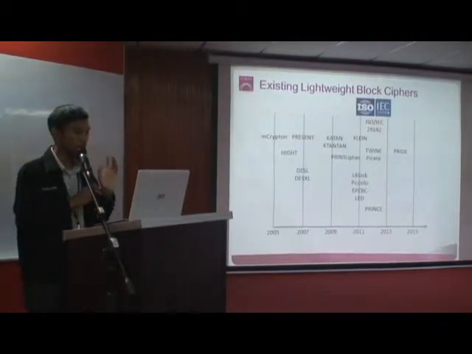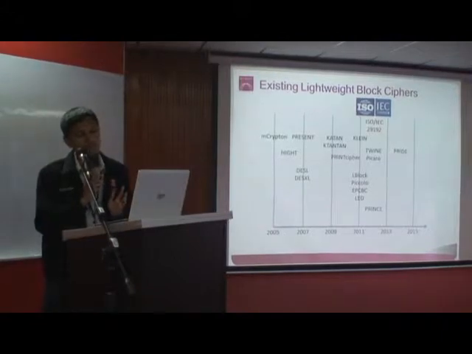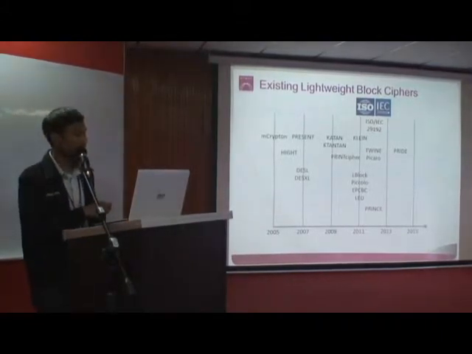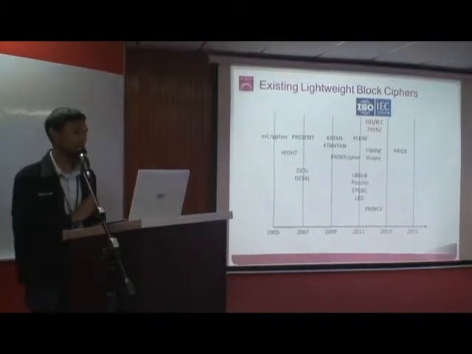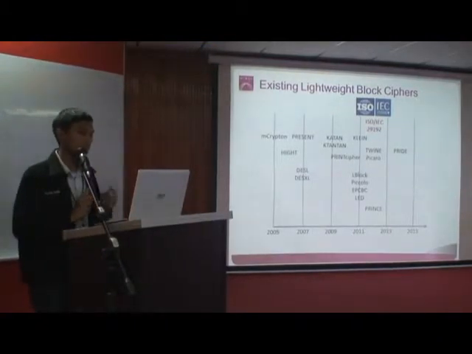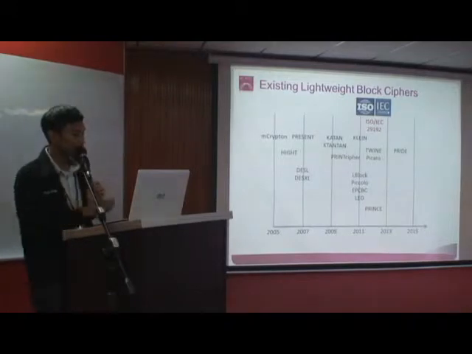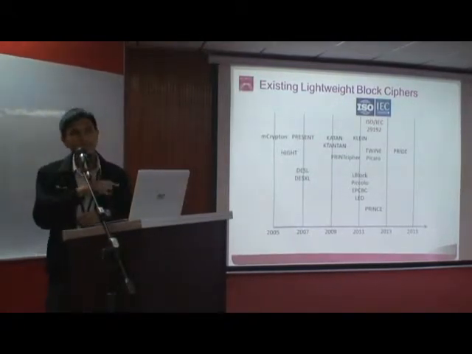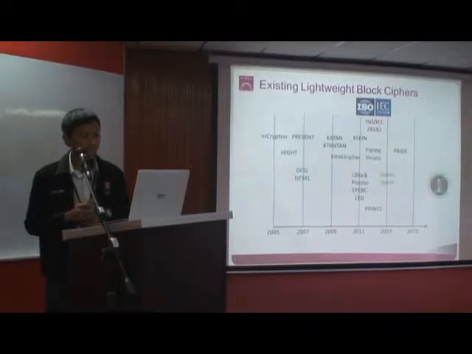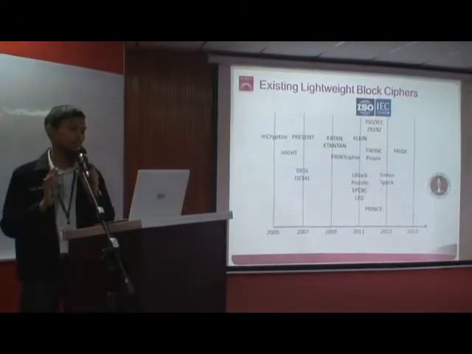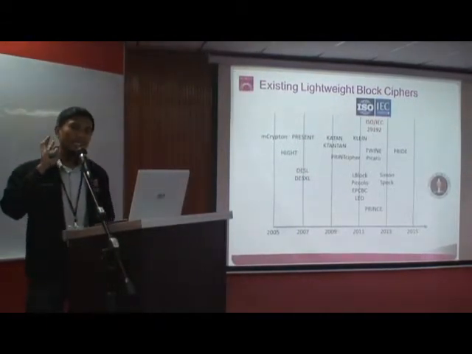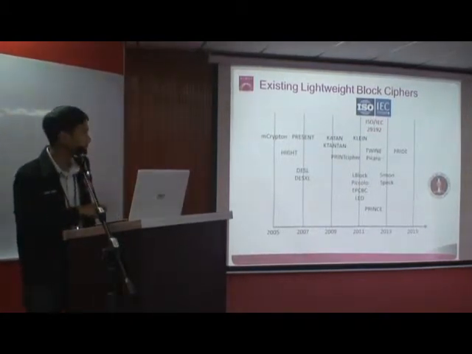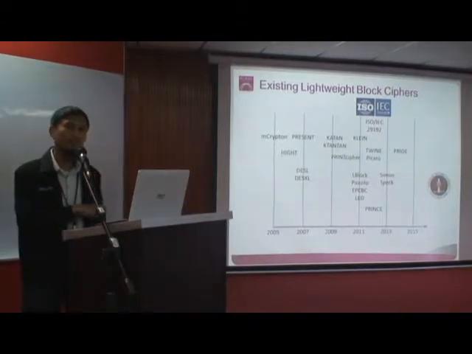In 2012, ISO/IEC published the standard document ISO/IEC 29192, which specifies PRESENT as one of the block ciphers in that standard. And the NSA, the National Security Agency, also joined this research by proposing ciphers called Simon and Speck.